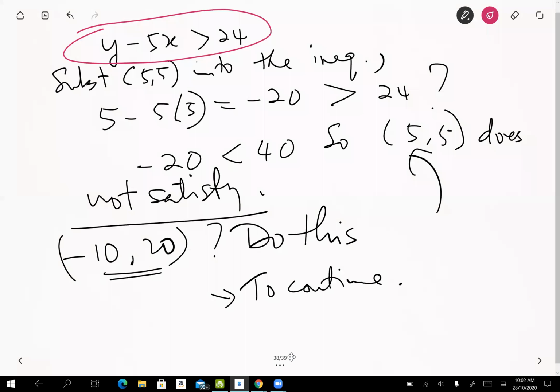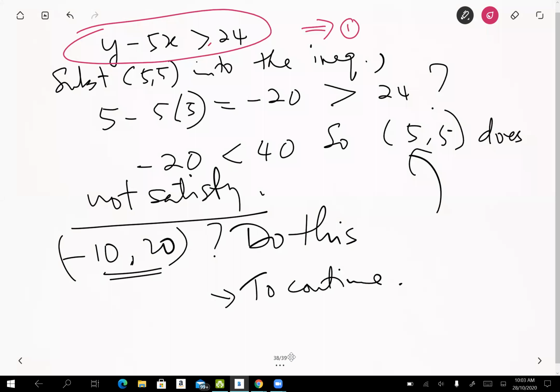Okay, we already drew the corresponding equation. Now we want to find the inequality. What are the points that satisfy the inequality? We already know the points on the equation. Number one, there are two parts here: the equal sign.